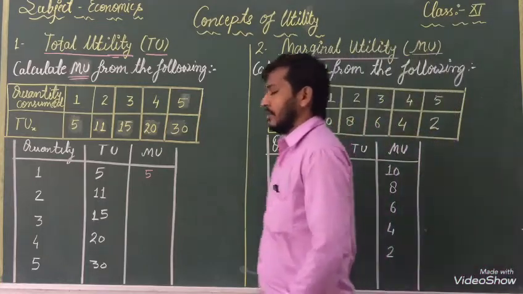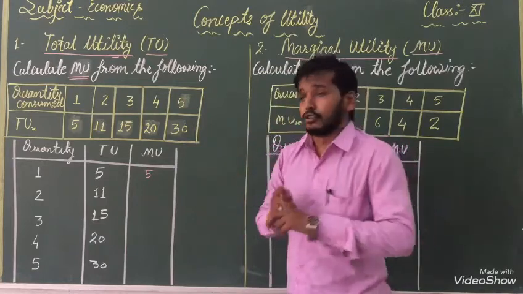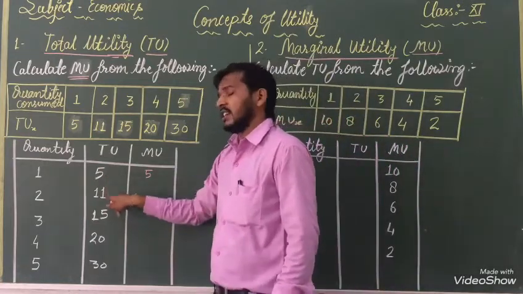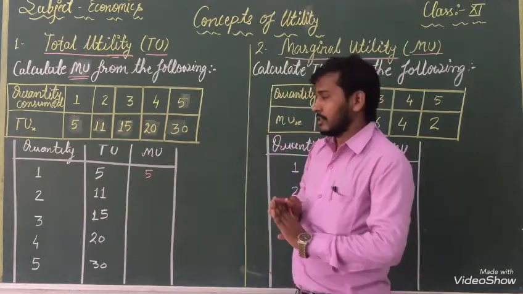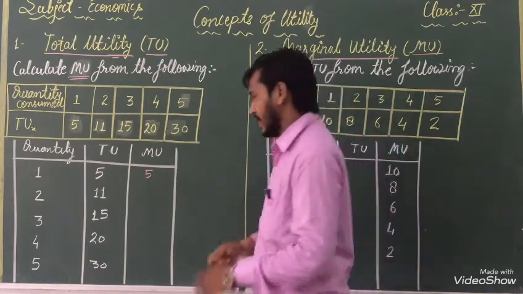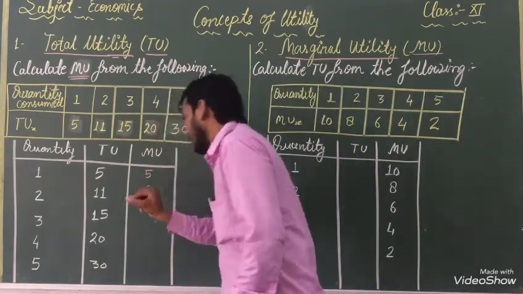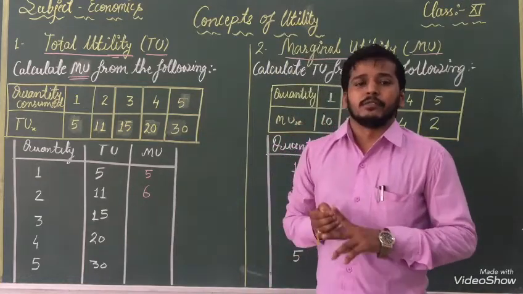For that, we have to take the difference between both. Now we will see the difference between the two, how much they differ. Suppose 11 minus 5 is 6, then marginal utility will be 6, because that is the difference between both.